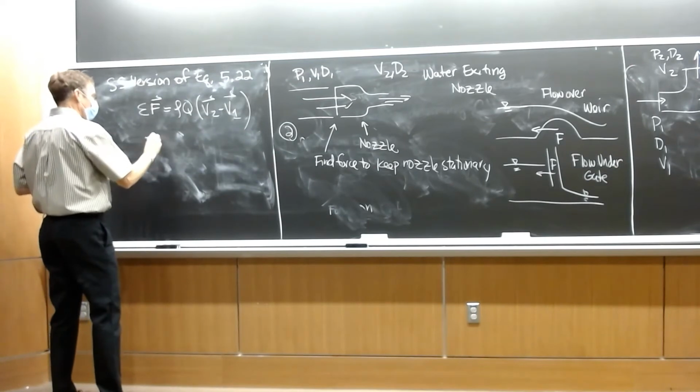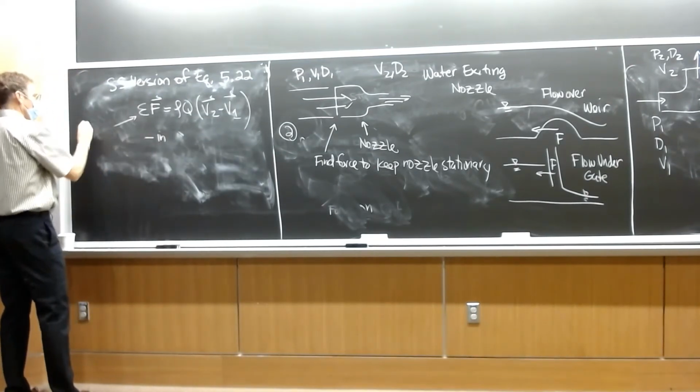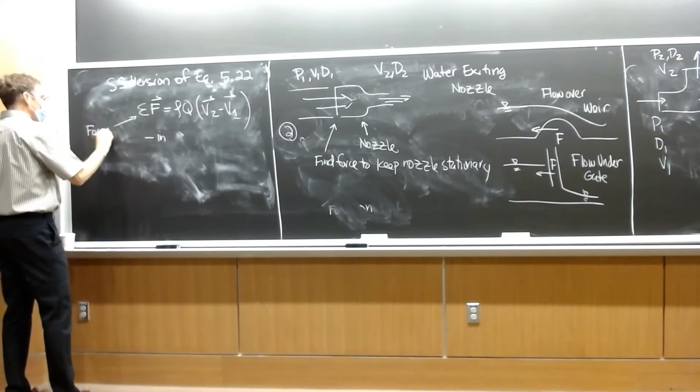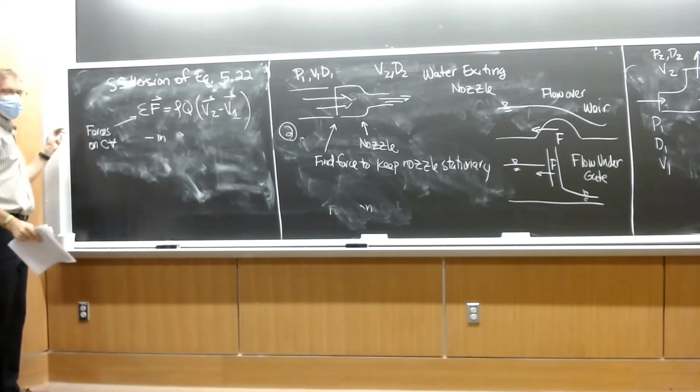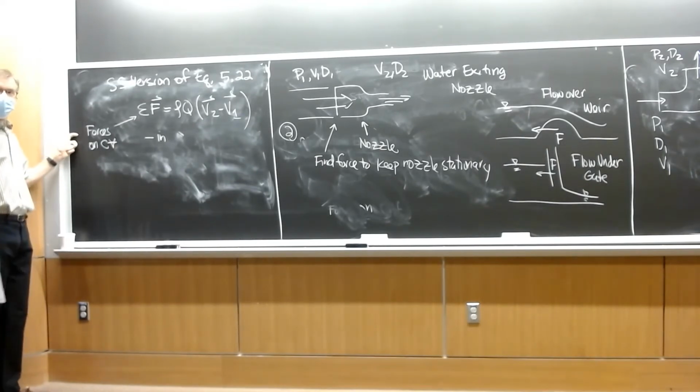And just to emphasize, because there are two common mistakes in these sorts of problems, by me and students as well: one is that this force on the left hand side is the force on the control volume.